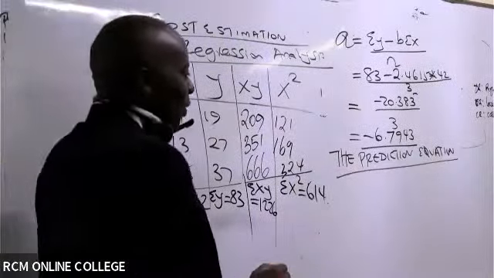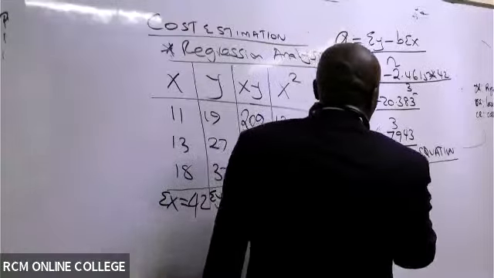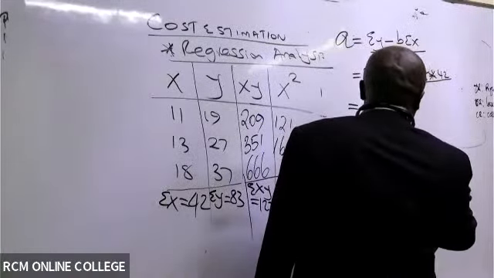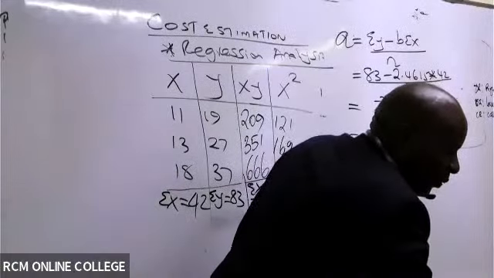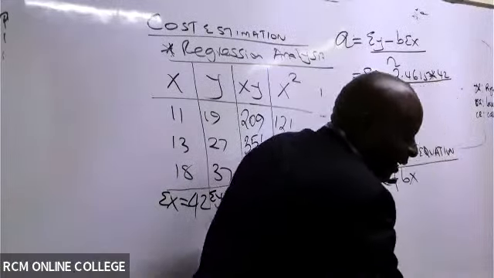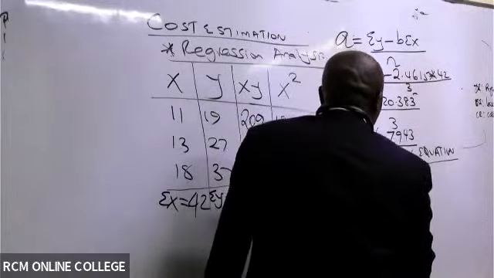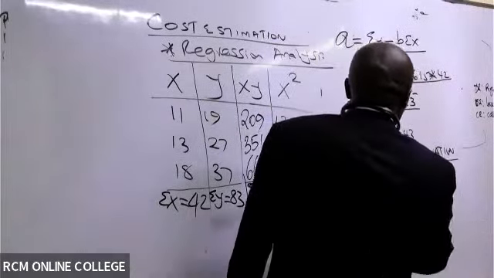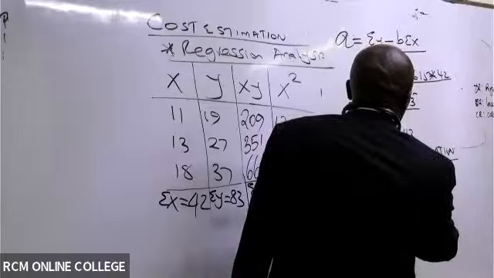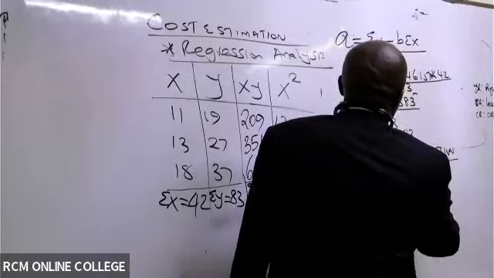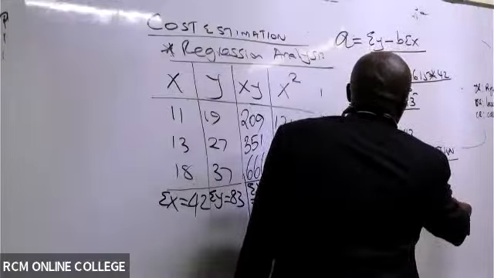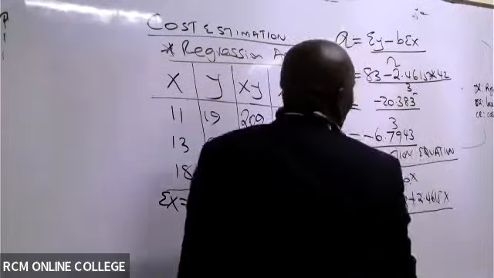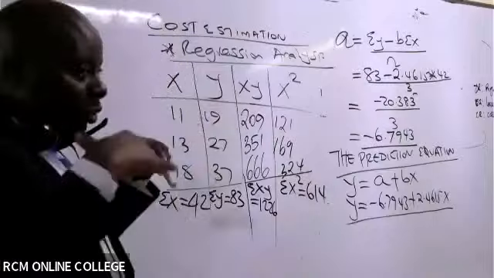Our equation goes like this: y equals a plus bx. So y equals minus 6.7943 plus 2.4615x. The moment you get the values of A and B, you simply substitute them in.